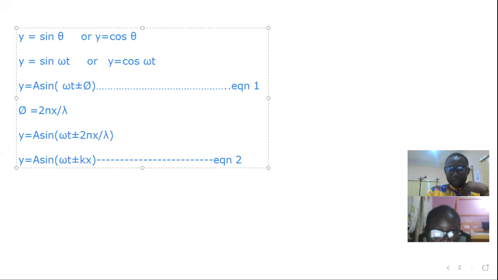Now, from here, the next thing we need to understand is that, remember, we did understand that w is equal to 2 pi over T, big T. I hope you remember.